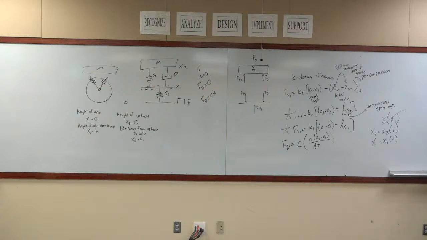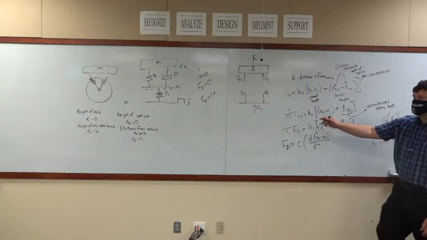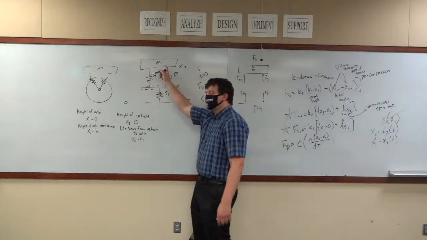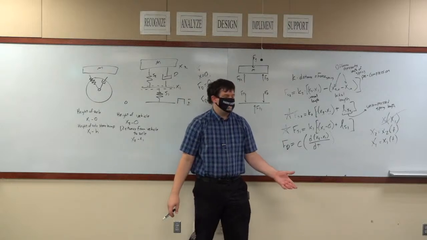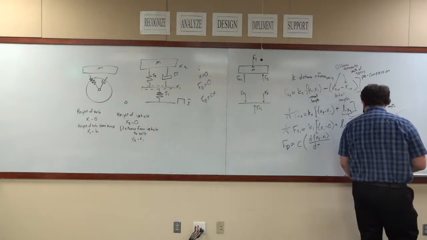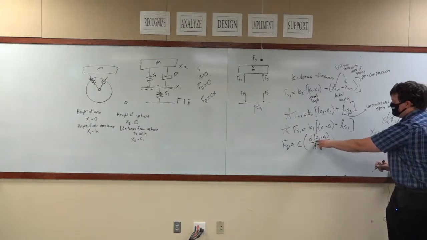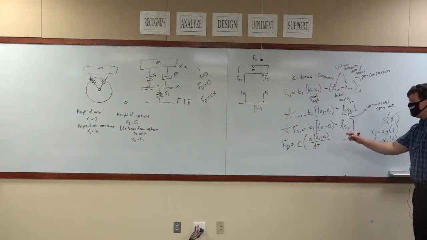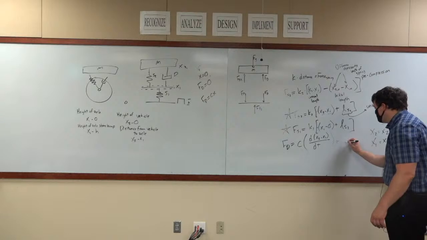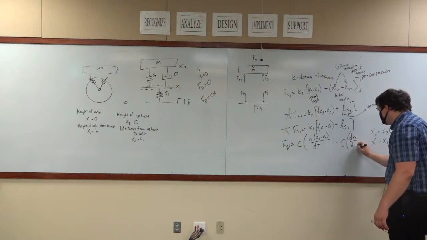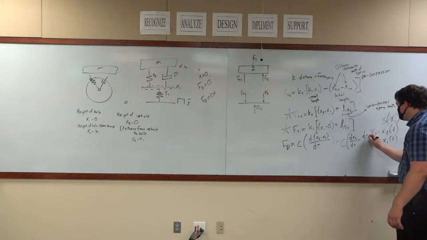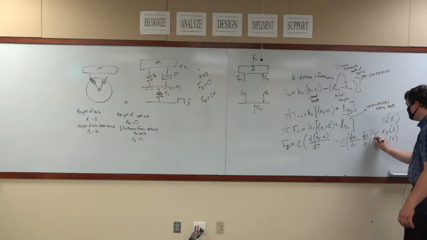The axle can move independently, and it will change the forces that are being exerted on x2, but that's the only relationship it has. So what you have here is two independent variables that are both being derived, and this ends up being c times dx2 dt minus dx1 dt.